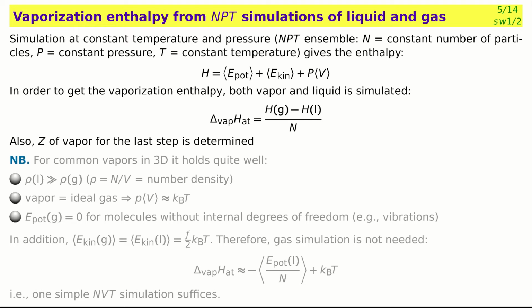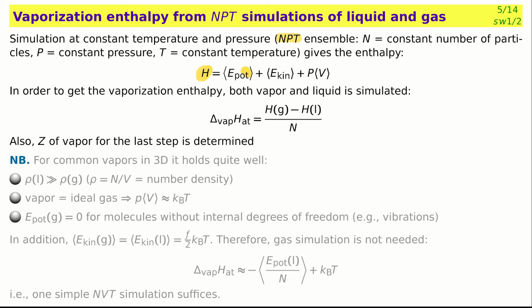We can calculate the vaporization enthalpy from enthalpies of both liquid and gas. To do this, we will run two NPT simulations. We will run NPT Monte Carlo simulations. The enthalpy for either simulation is a sum of three terms.